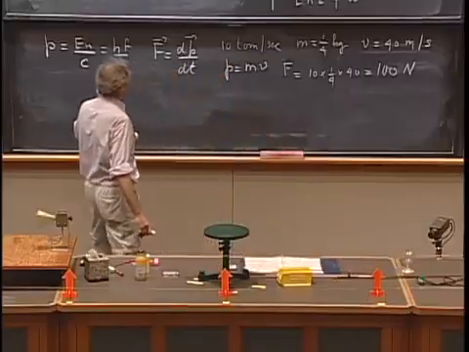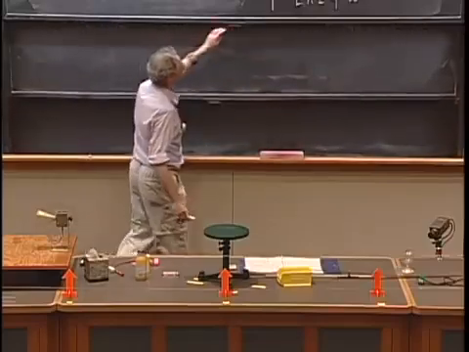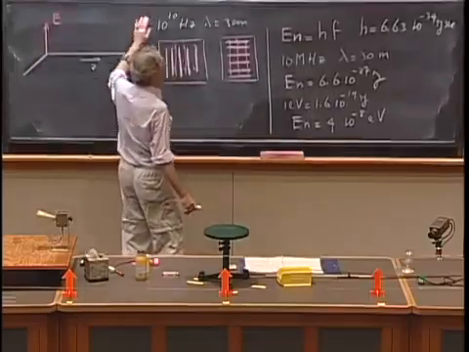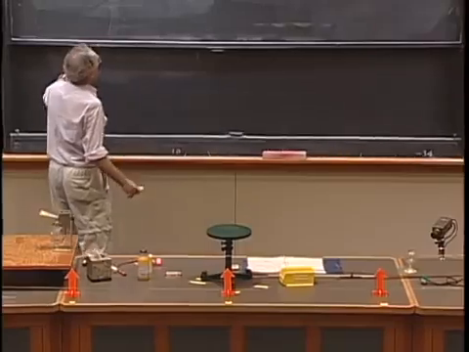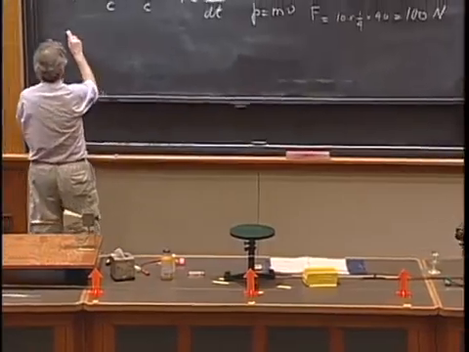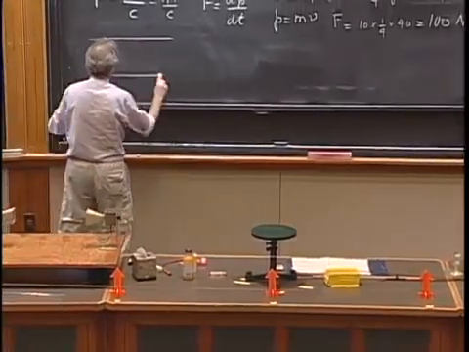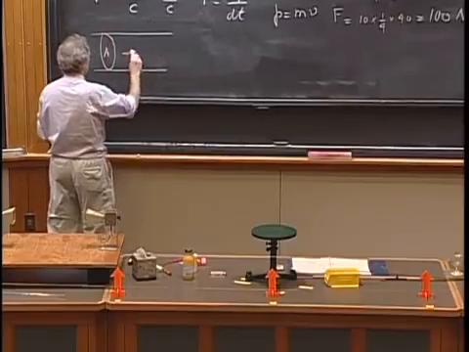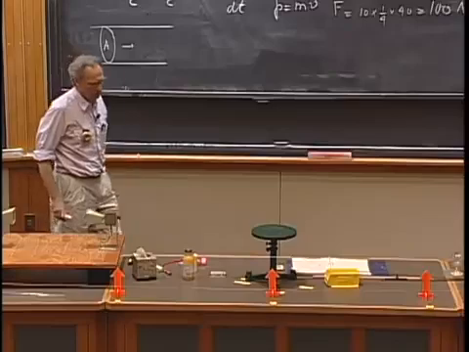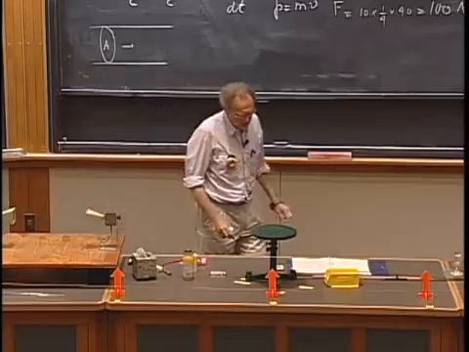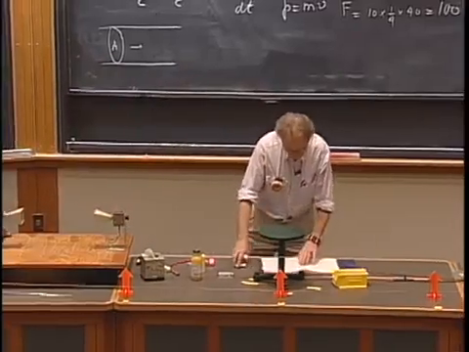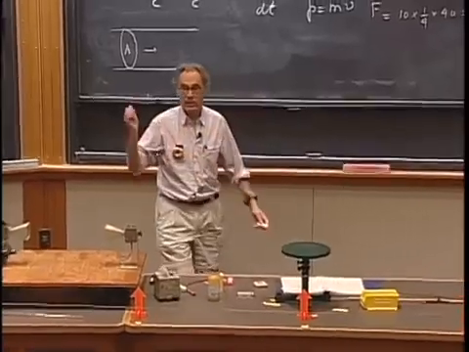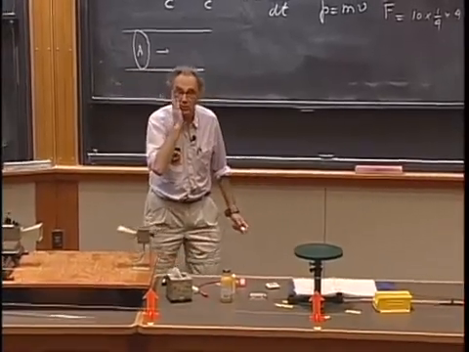So let's now turn to photons. We have a beam of light that comes in, and let's give the beam of light a cross-sectional area A. The light comes in this direction, strikes you, and you absorb it. It hits your face, and it's absorbed.